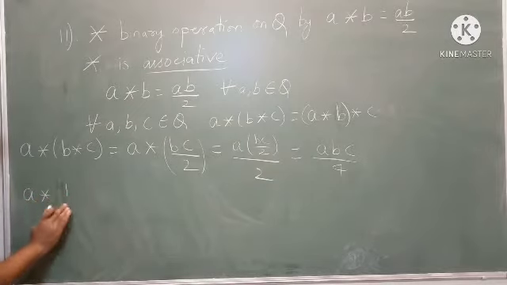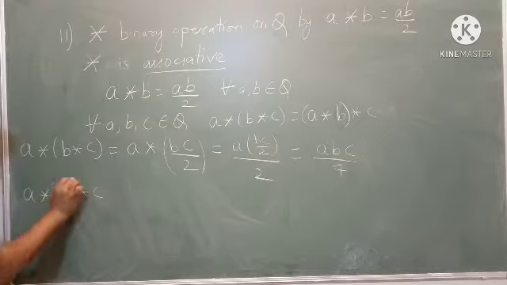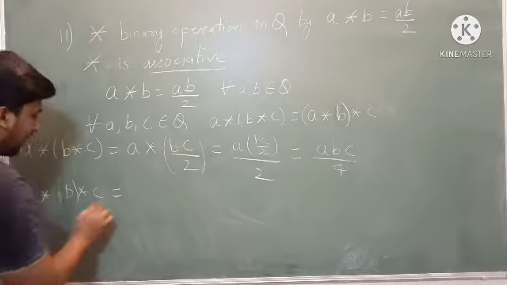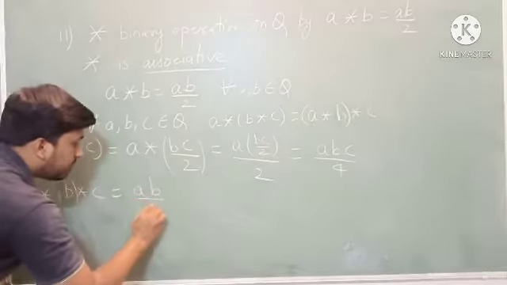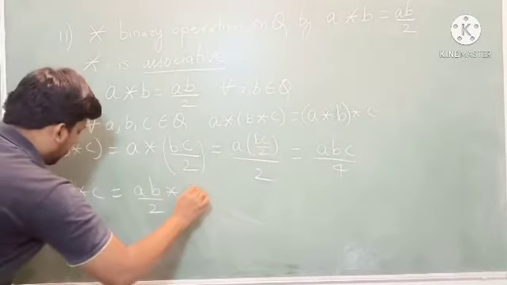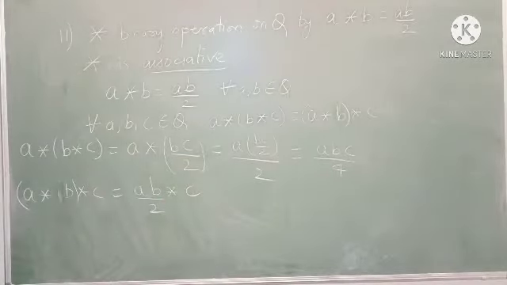That is (A star B) star C. For A star B I have put a bracket. So that is equal to A star B, which we already know is AB by 2, star C. Now I am going to consider this as one entity.